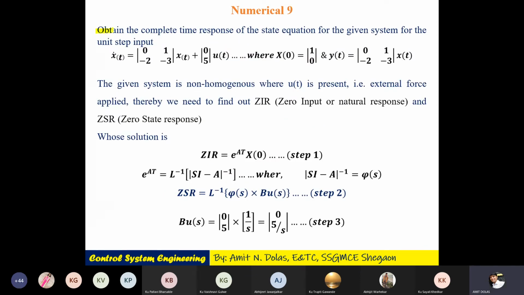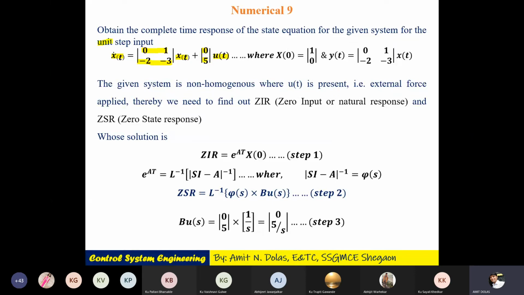Next is numerical number 9. Obtain the complete time response of the state equation, the time response for the unit step input. Unit step input means u is present. In the equation, x dot is equal to the A matrix [0 1; -2 -3] into x of t plus the input vector [0; 5] and u of t.